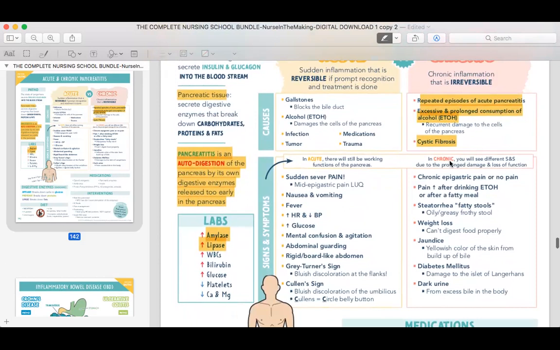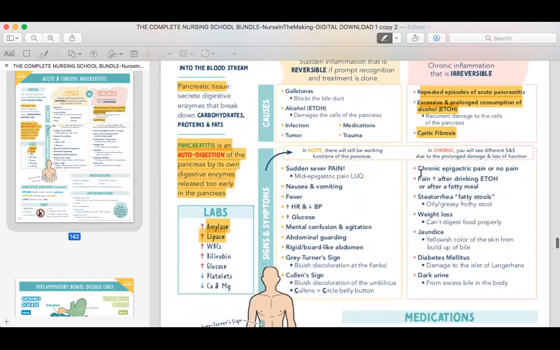So in chronic, you will see different types of symptoms versus the ones in acute. You will see epigastric pain or no pain. I haven't seen that on ATI, so I'm not going to really focus on that. But I need you guys to make sure that you do know that you get steatorrhea, fatty stools. Why?